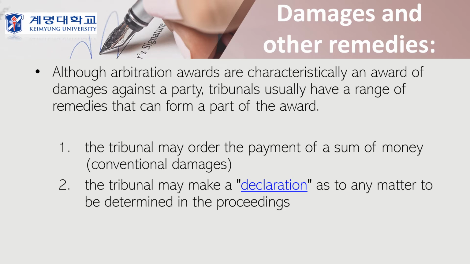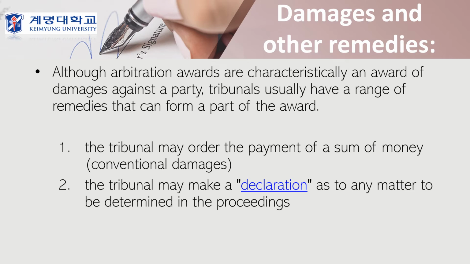Number one, the tribunal may order the payment of a sum of money. Okay, so that is for the conventional damage. So the arbitrator is going to require the respondent to pay a certain amount in regard to the damage that been created within the dispute. And the second one is the tribunal may make a declaration as to any matter to be determined in the proceedings.